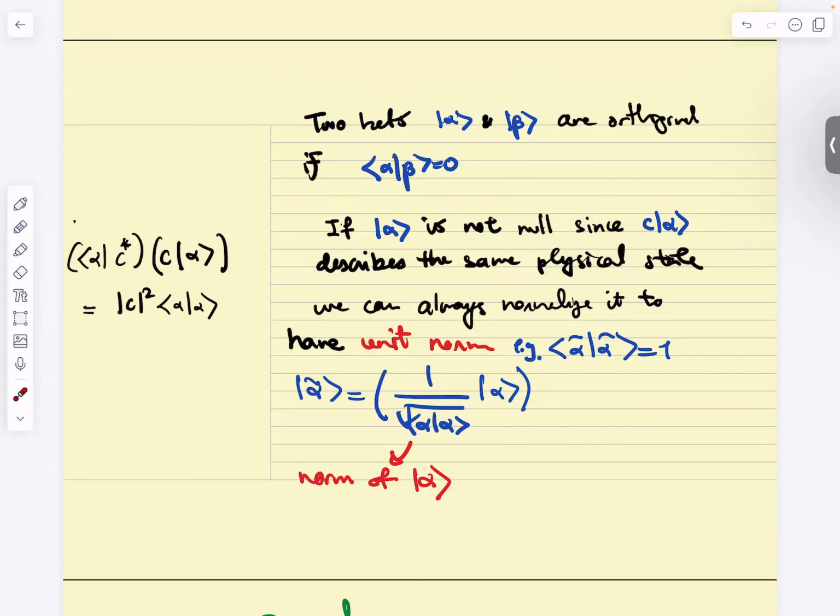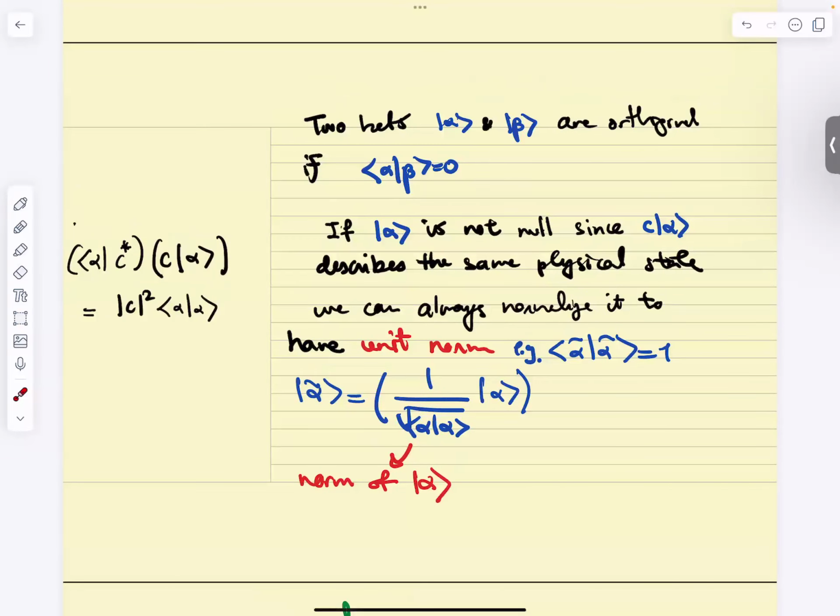Good. So here's a good moment to pause. Are there any questions so far? What have I described so far? I've described the ket space. This is the space of complex d-dimensional vectors. I've described the bra space, which is complex d-dimensional row vectors.